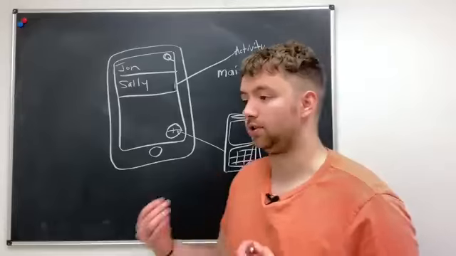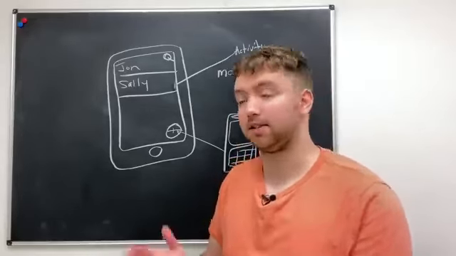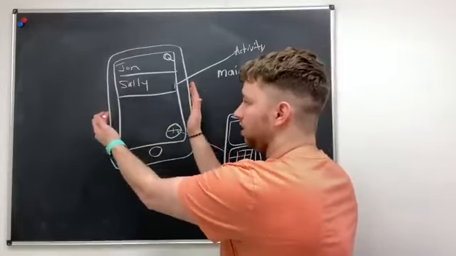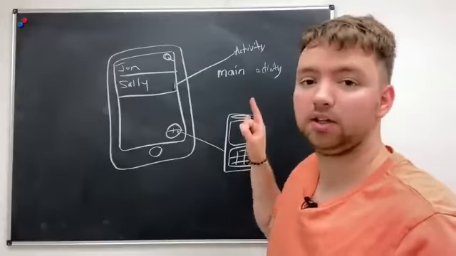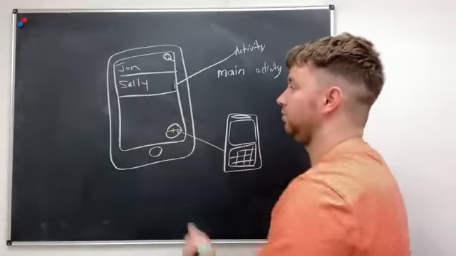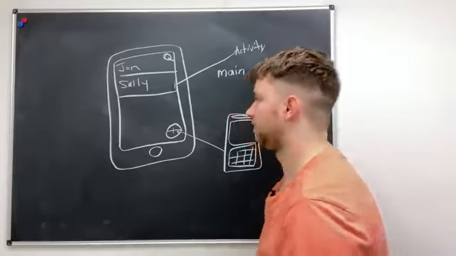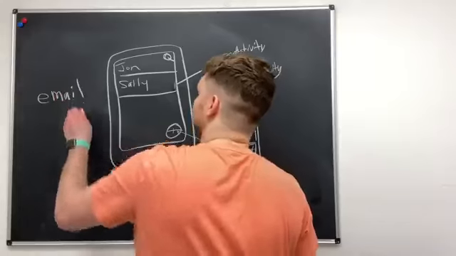Another thing you need to consider is how your app is opened. Because these are like their own entities, we have one activity here, one activity here, and we can send people directly to a specific activity. So you don't always have to go through this home page. For example, let's say we have a website and we have an email button.